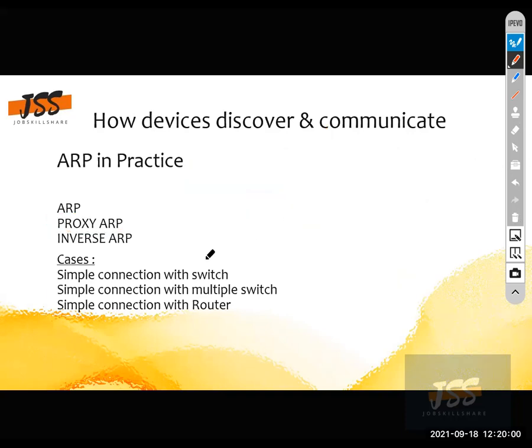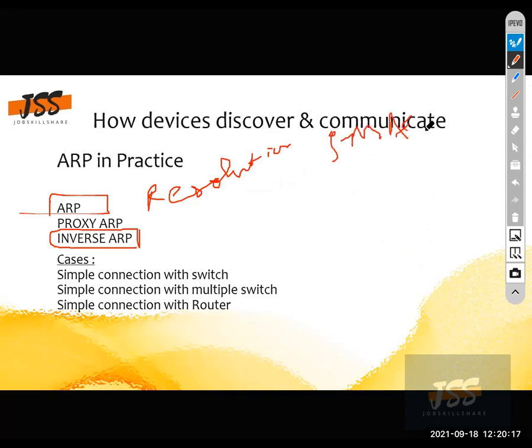And then this thing is known as inverse ARP. What do you suggest or guess it should be? ARP is doing resolution of MAC, and inverse ARP will do the resolution of IP.